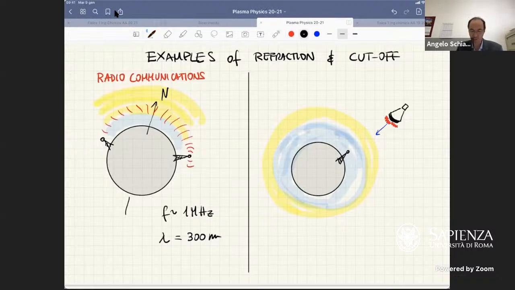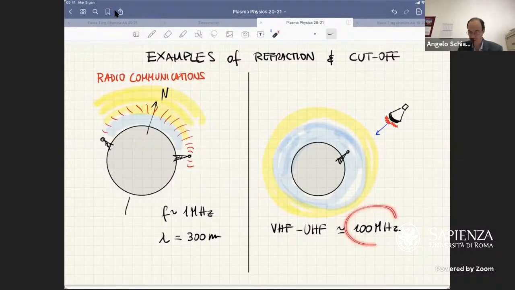And usually our communication with the space vehicles is in the range of very high frequency or ultra high frequency, which is about 100 megahertz. So 100 times higher frequency with respect to the radio waves.